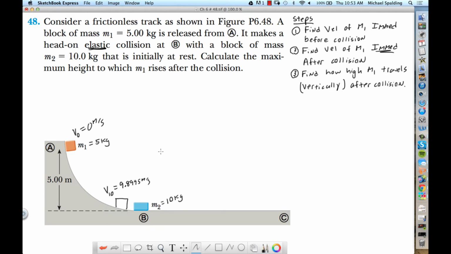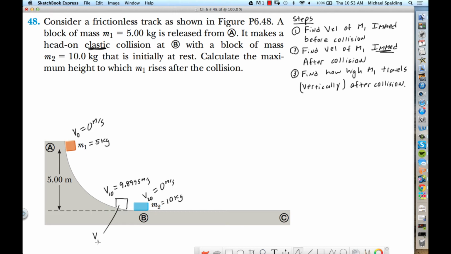Okay, now here's the thing, guys. We have 2 unknowns here. What's V2 initial? 0. Object M2 is just sitting there before the collision. What are the 2 unknowns for this problem? V1 final and V2 final.